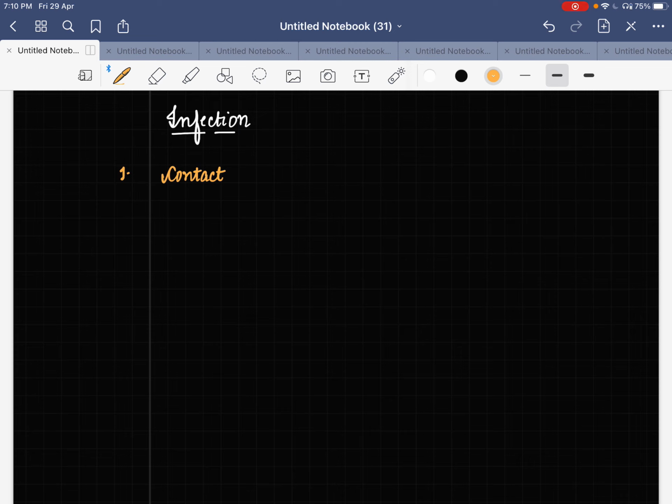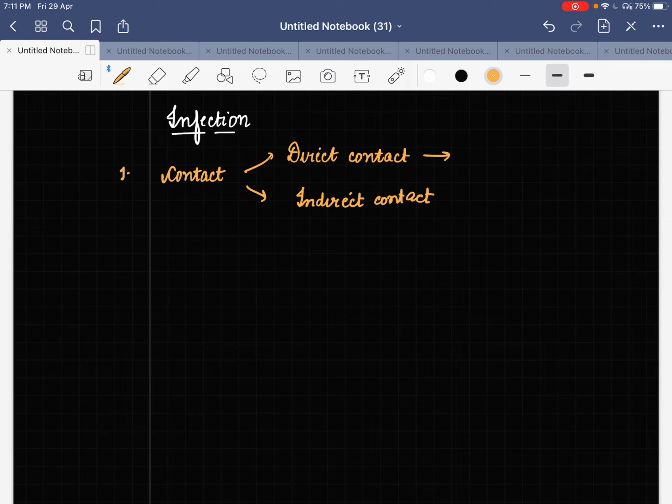Now contact can be either direct contact or indirect contact. Now the direct contact are transferred from the person to person.